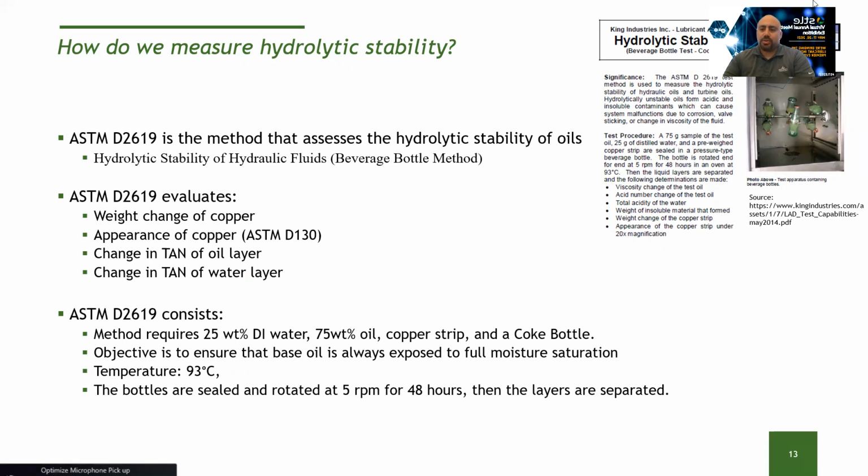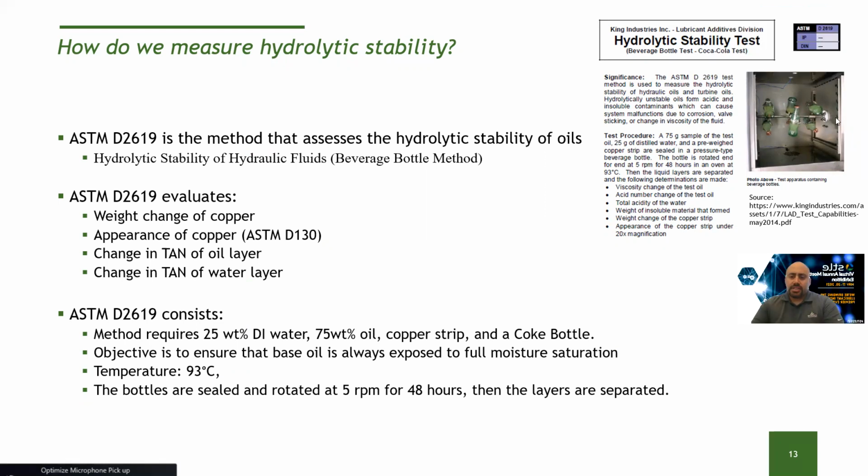Here's a picture over here in the corner that shows the hydrolytic stability test being heated. What it does is evaluate weight change of copper, appearance of copper, and change in TAN of the oil layer and water layer. This test requires 25 weight percent of deionized water, 75 weight percent of oil, a copper strip, and a Coke bottle.